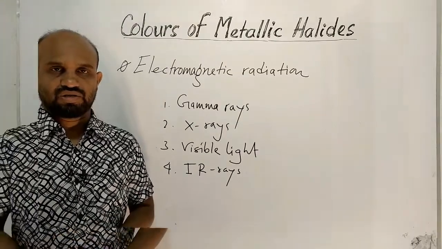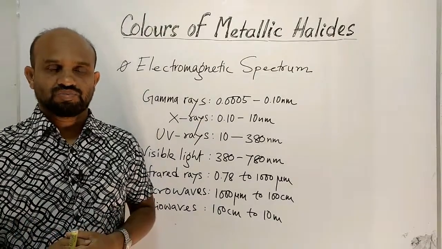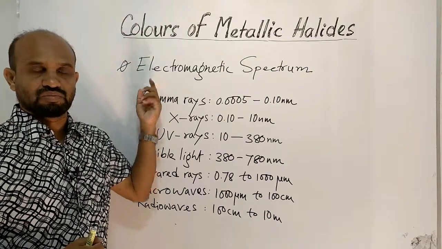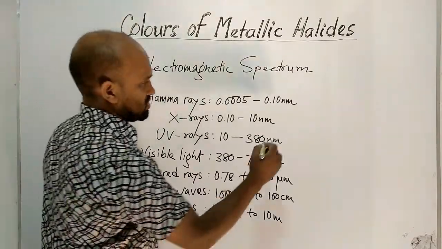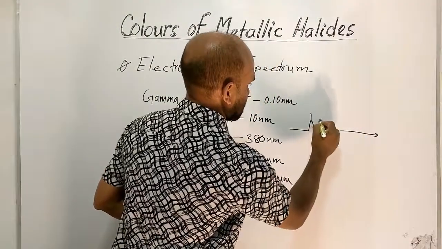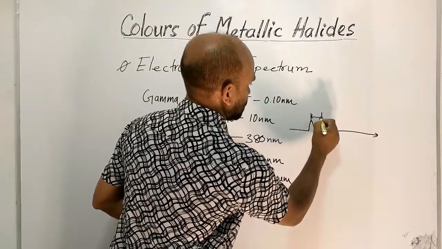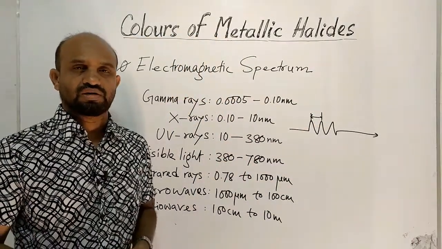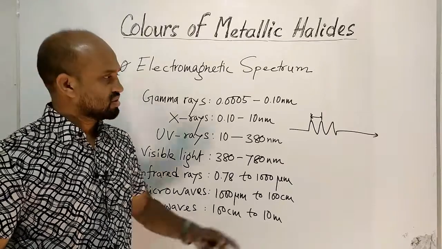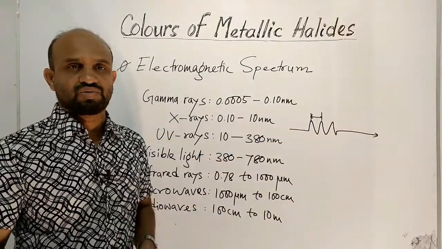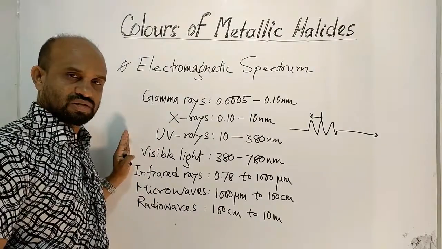Let's see another point. Now the point is electromagnetic spectrum. Let's consider this is a ray, and the distance between two peaks is called wavelength, and according to wavelength the rays or radiations are divided into these regions.